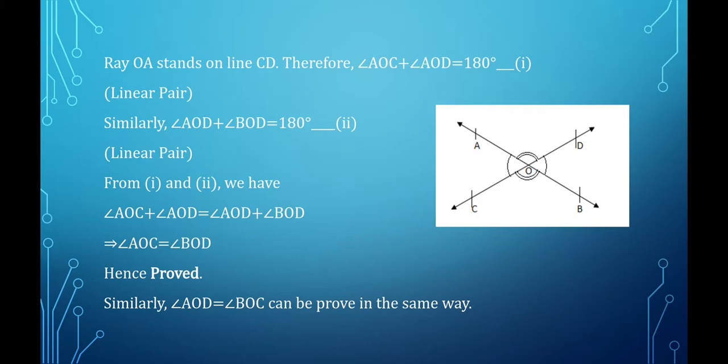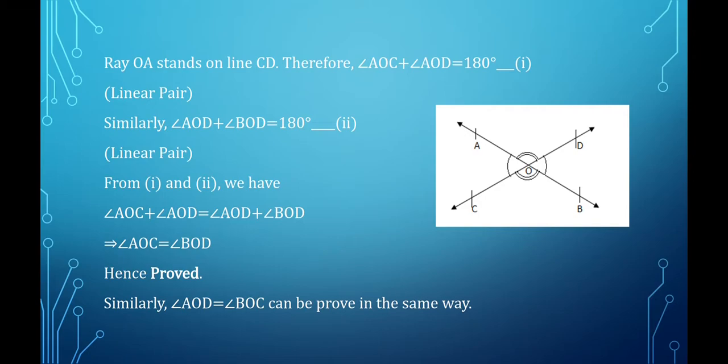Now we have reached the proof that angle AOC is equal to angle BOD. Now we have proved that vertically opposite angle pairs are equal. Similarly, we can also prove angle AOD is equal to angle BOC. Their measures are also equal. So this is theorem 1 for you, where you get that vertically opposite pairs are equal in measure.